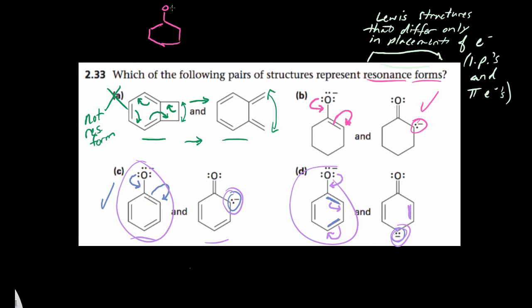So you have oxygen with its 3 lone pairs, and we could do this so that the negative charge, and I'll draw the double-headed arrow here, the negative charge ends up on this carbon.